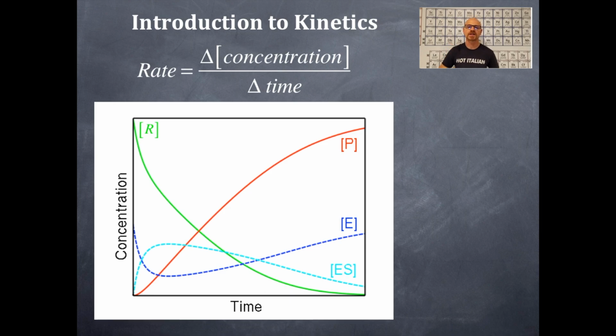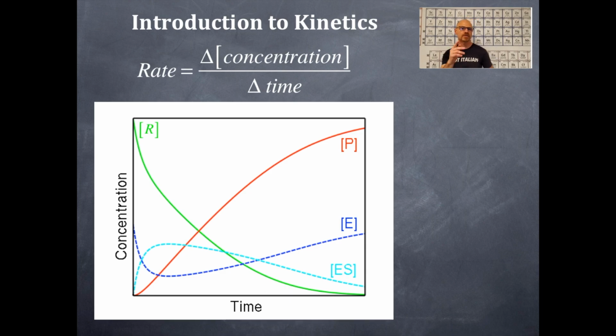It's at 100%, and the products, the red line, is 0 at the beginning. So you have 100% reactants at the very beginning of the reaction, and you don't have any products. Over time, the reactants are going to decrease, and the products are going to increase.